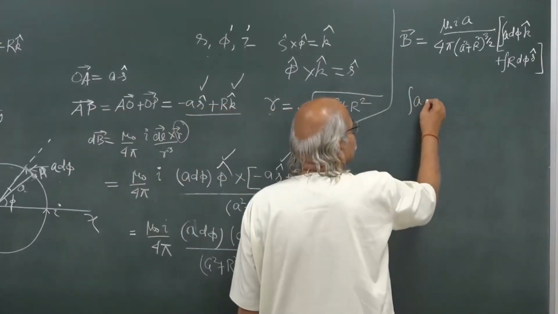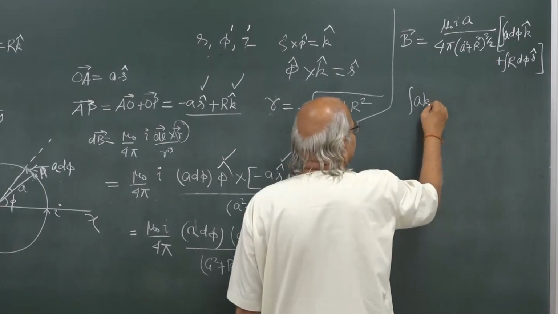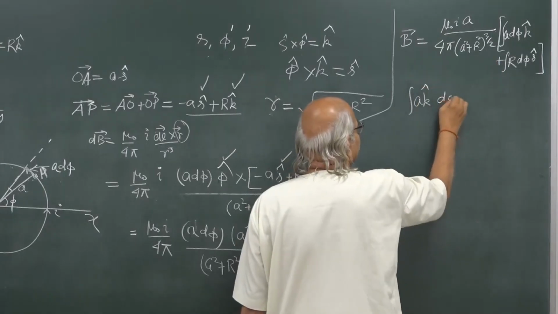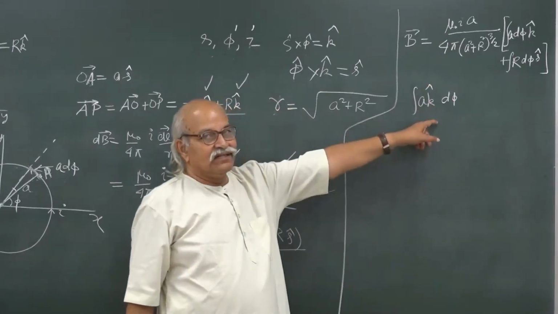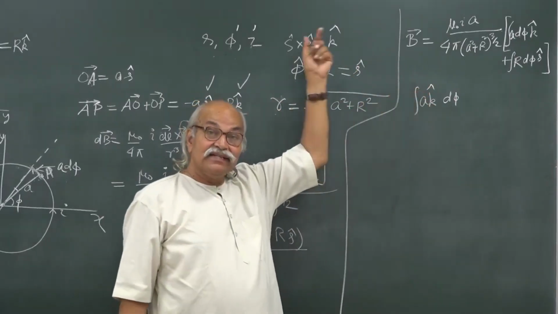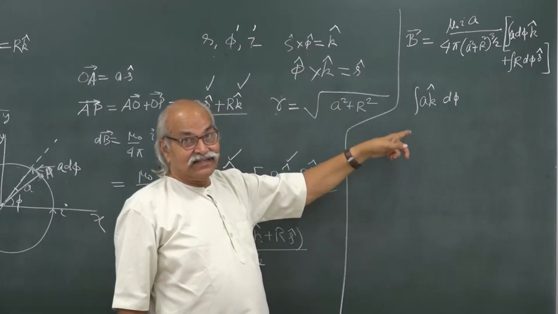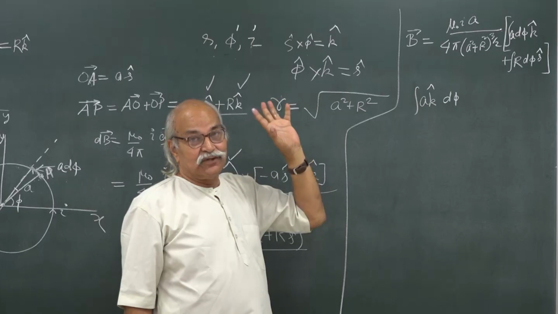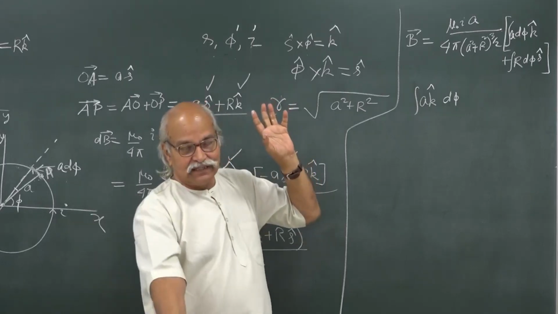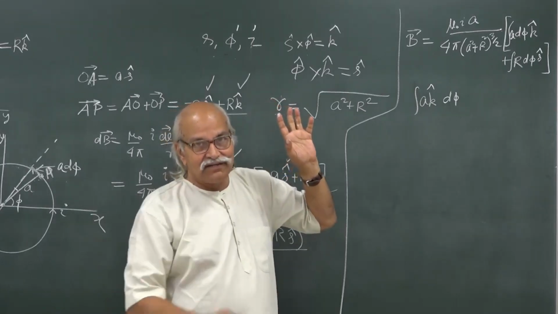This is A and d phi, let me write k cap here and then d phi. Now, in this, k cap is constant, k cap vector is a unit vector along the z axis. Z axis is not going to change whether you take the element here or here.